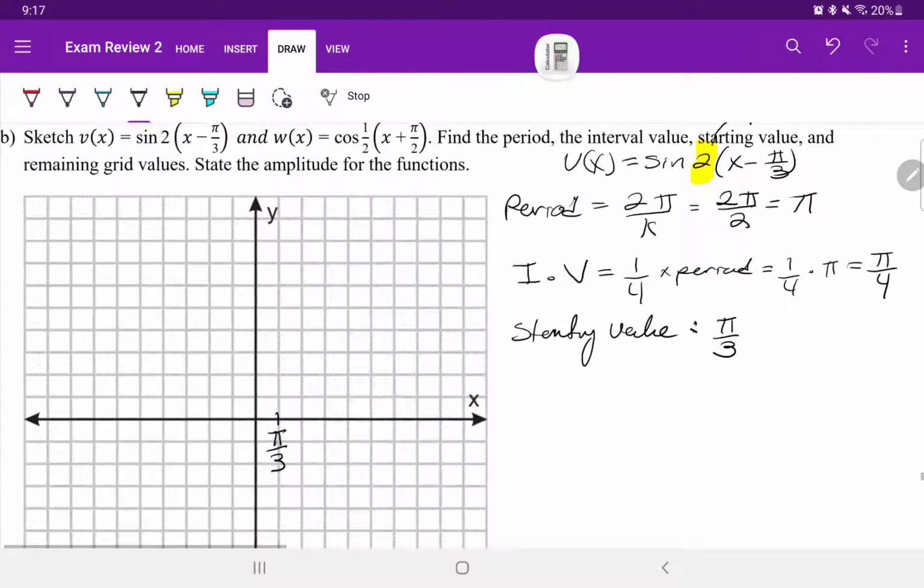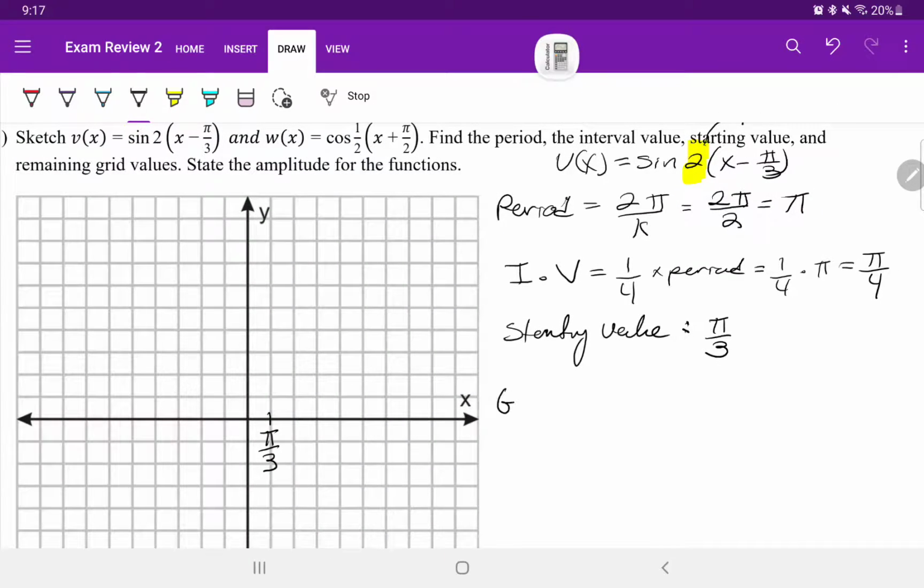Now we want to find the remaining grid values. The first value is pi over 3. To find the second one, we're going to add the interval value of pi over 4. When you add fractions, you must have the same denominator.